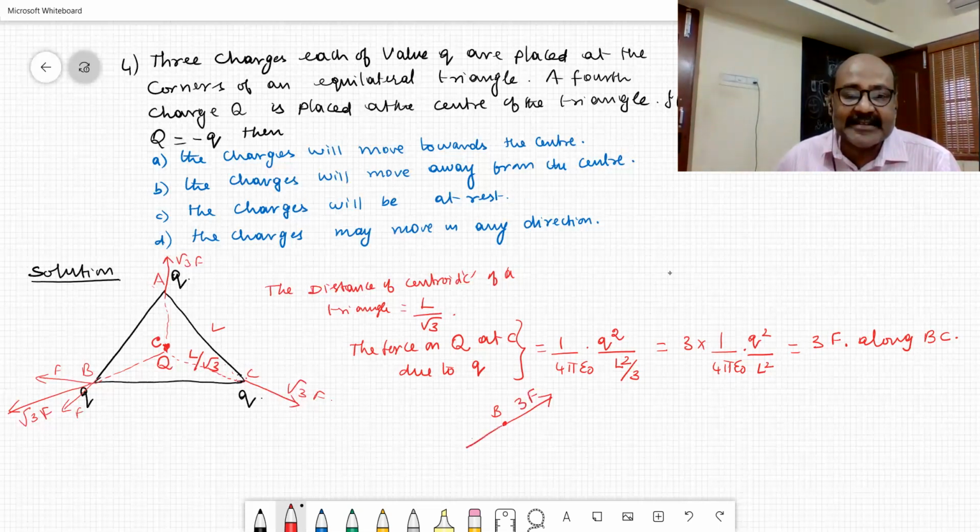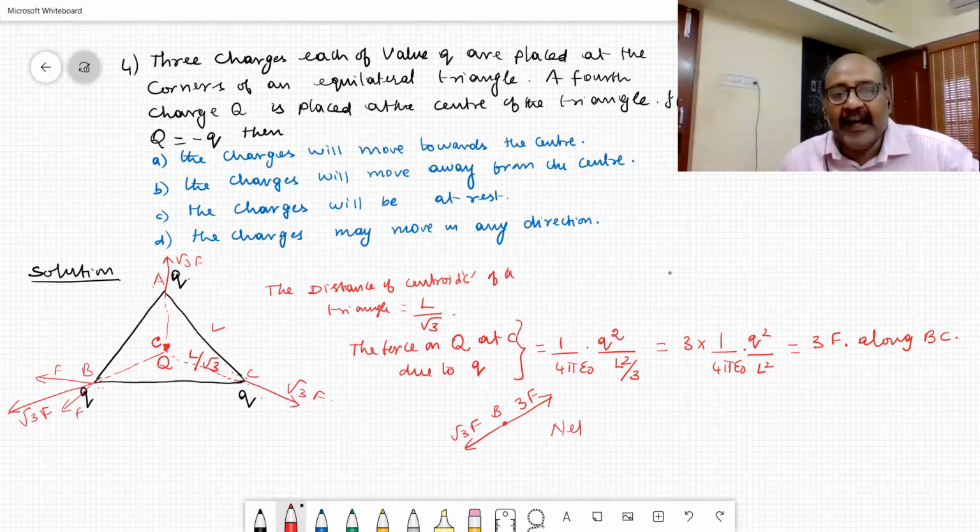And away from the center, the resultant force due to the two forces at this point B, one due to the charge at A and another due to the charge at C, is root 3 into F. So each and every corner will be having two forces acting in opposite directions.